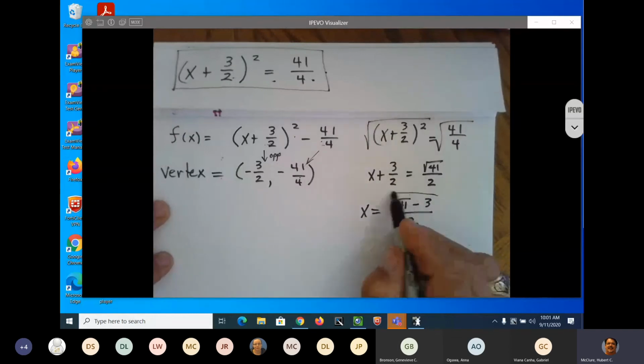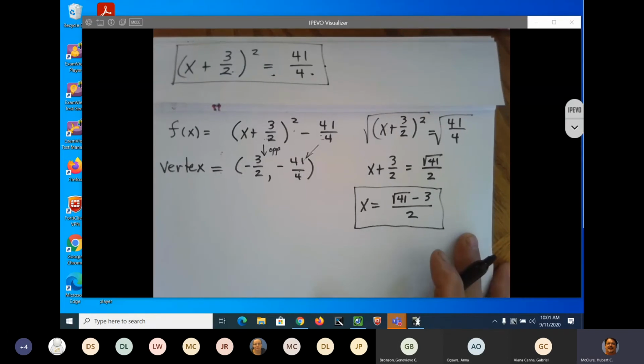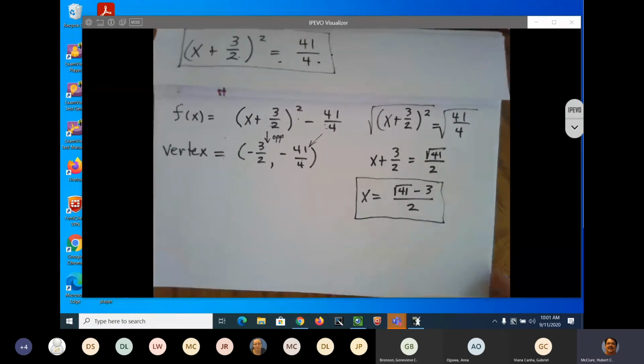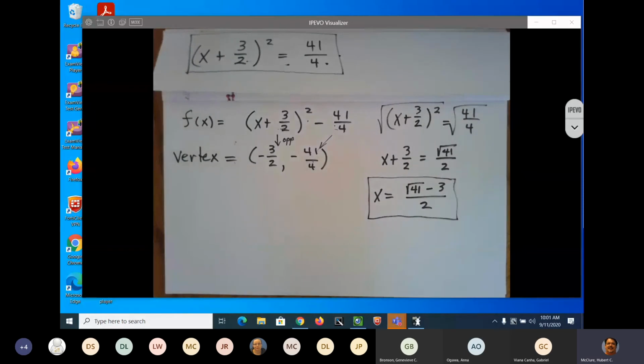Now that's the exact answer, but that's not what I want because I want to graph this function. So I'm going to try to get it in decimals. I'm just going to do it by hand because the whole point of completing the square is so you don't have to use your calculator and depend on it.